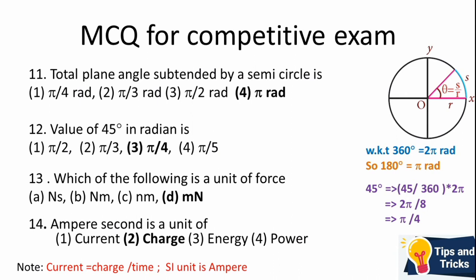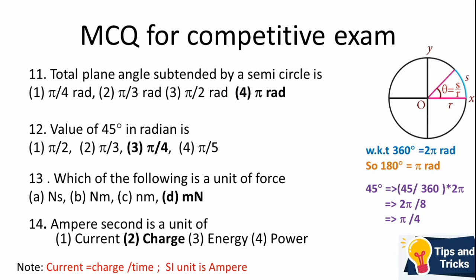Now question number 12, which is similar to question number 11, the value of 45 degree in radian is, options given are pi by 2, option 2 pi by 3, option 3 pi by 4, and option 4 pi by 5. So solution for this problem is, for circle we have a conversion factor 360 degree is equal to 2 pi radians.